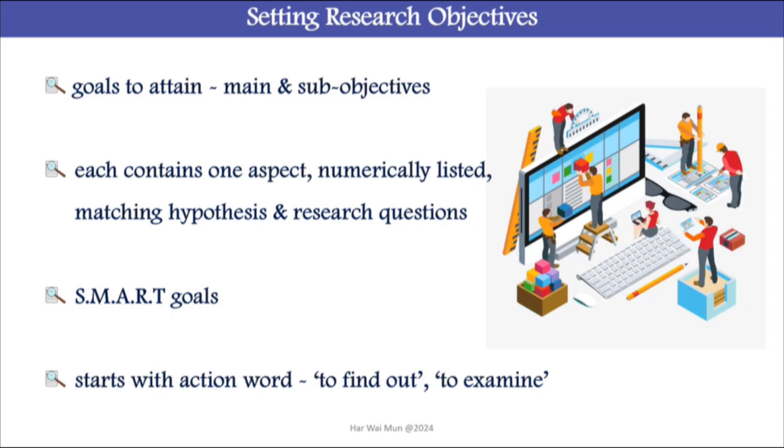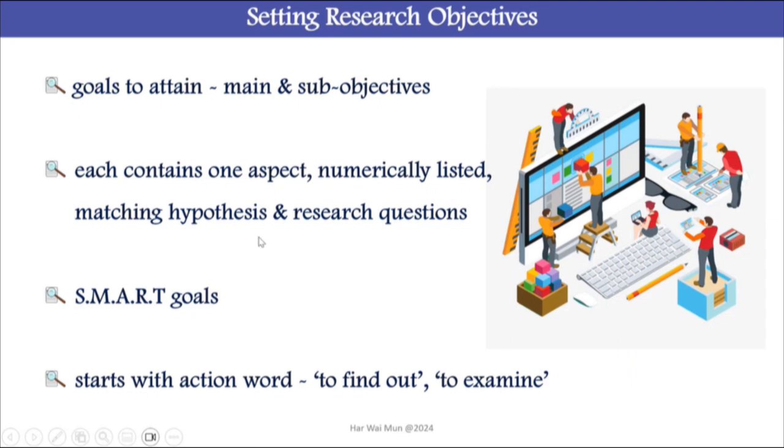Usually a general issue, but you can subdivide a general issue into very specific ones. A specific one will give you some specific questions, and you want to answer those questions. So what you want, what you are aiming at, will be your main and sub-objectives. Okay? It's a goal to attain what you want. Okay? It's your objective. Each objective contains one aspect, numerically listed 1, 2, 3, right?